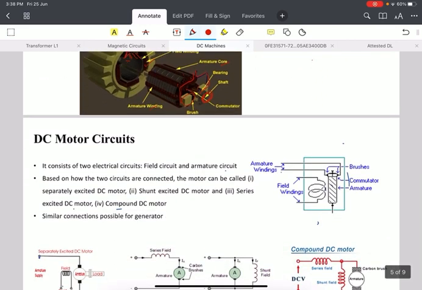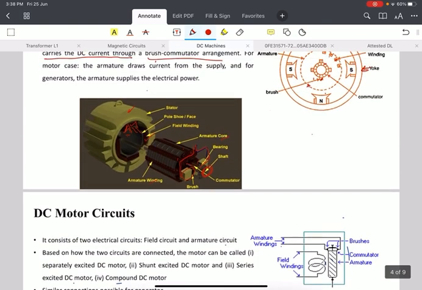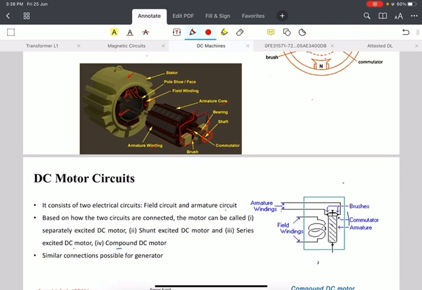Here, both the armature and the field are connected to the DC supply. The field is an electromagnet, instead of using a permanent magnet. An electric coil is wound across the pole in order to create an electromagnet.